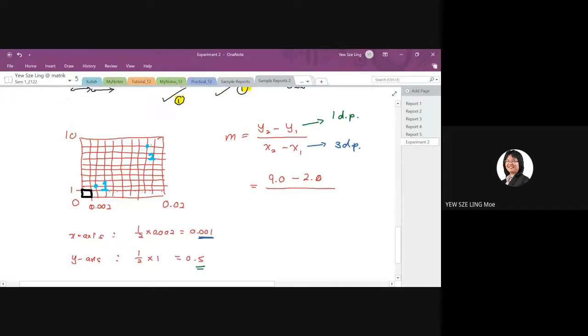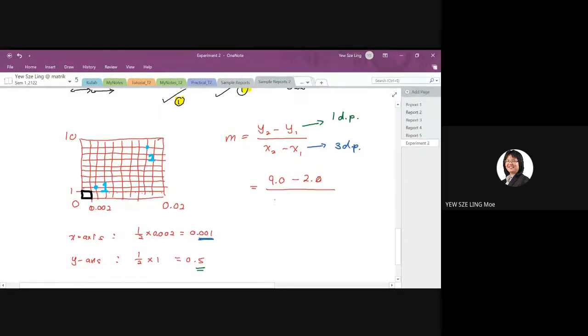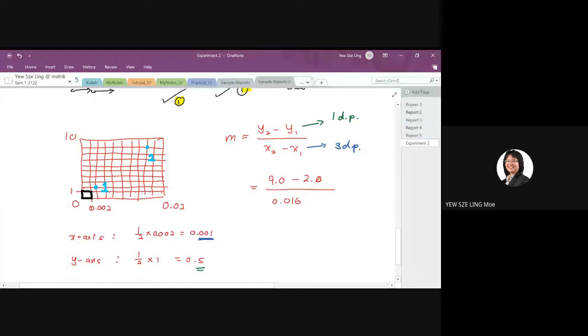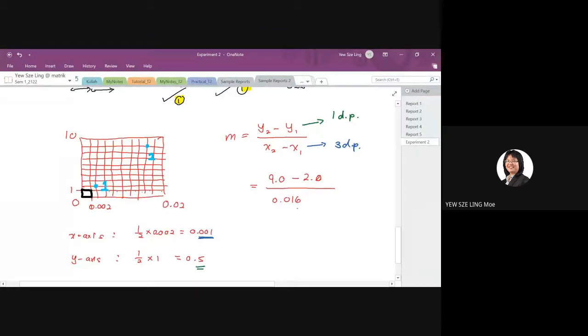x2 is 0.02, 4, 6, 8, 10, and then 2, 4, 6. So 0.016, 3 decimal places.